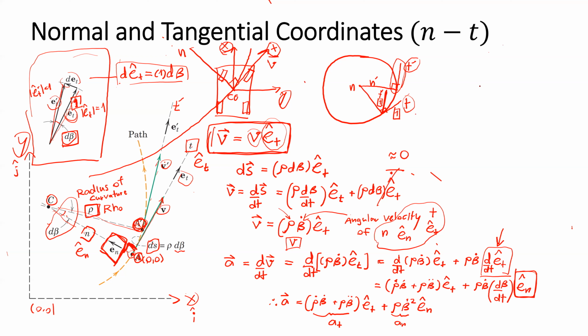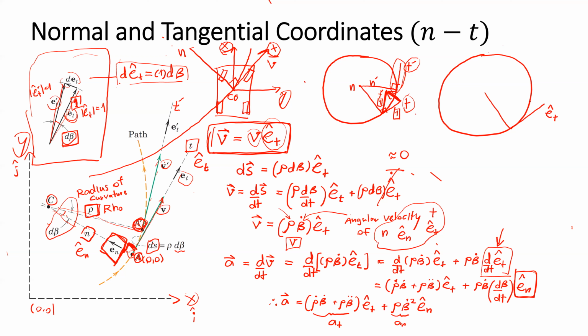Maybe one more time. We have a circle like here, and we have the unit vector eT, and we have the perpendicular axis with the unit vector eN at this point.